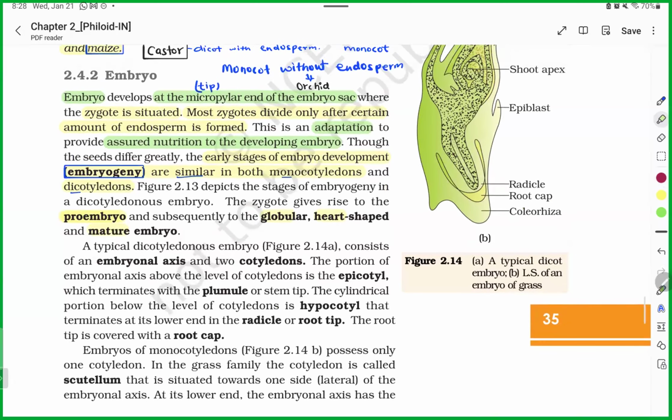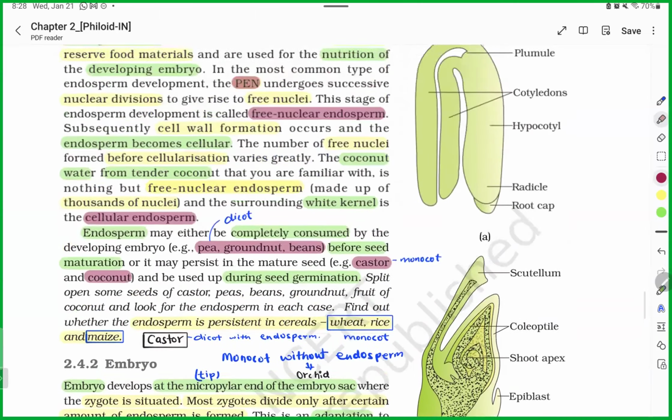If you look at the dicot embryo, any embryo will have an embryonal axis and two cotyledons in case of a dicot plant. Above the embryonal axis, it will be epicotyl, and this epicotyl will terminate into plumule or stem tip, as you have here.